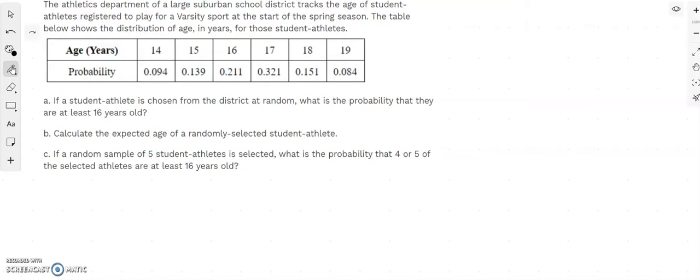Part A asks us, if a student athlete is chosen from the district at random, what is the probability that they are at least 16 years old? So I'm going to be doing my work down here.